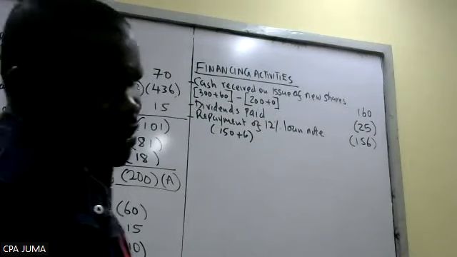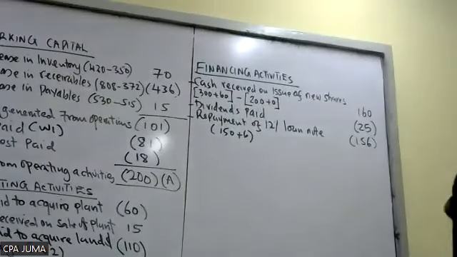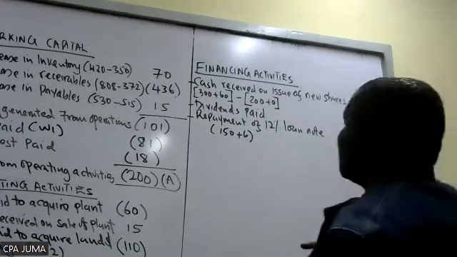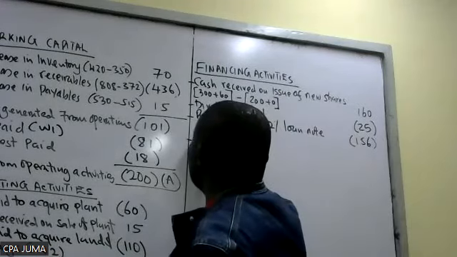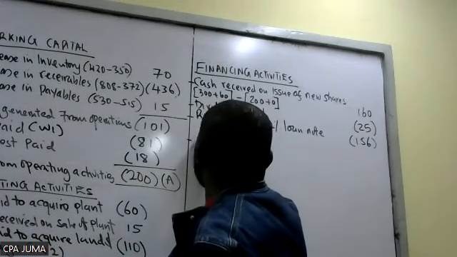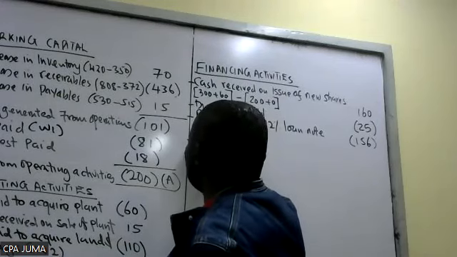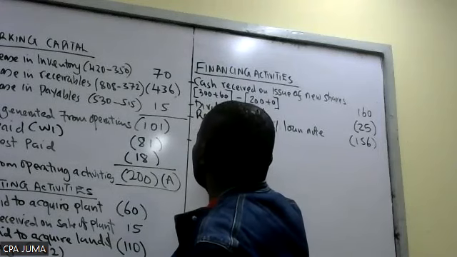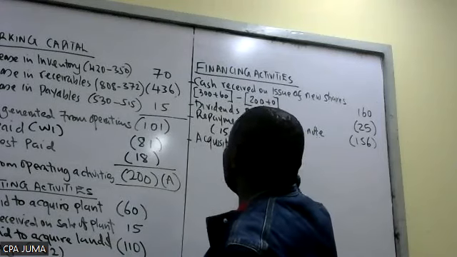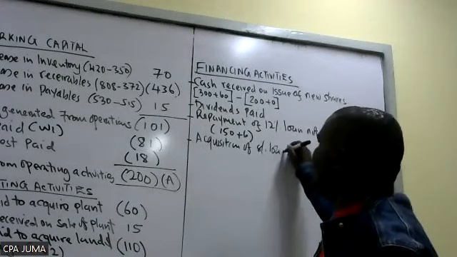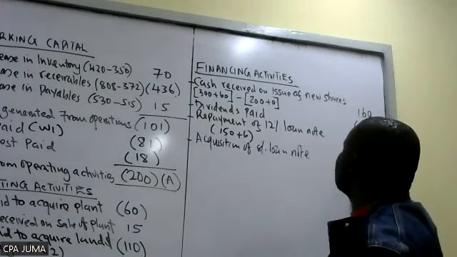Then the other loan notes, at the beginning, it was 0. At the end, it went to 160. So we acquired. Acquisition of 8% loan note, 160.